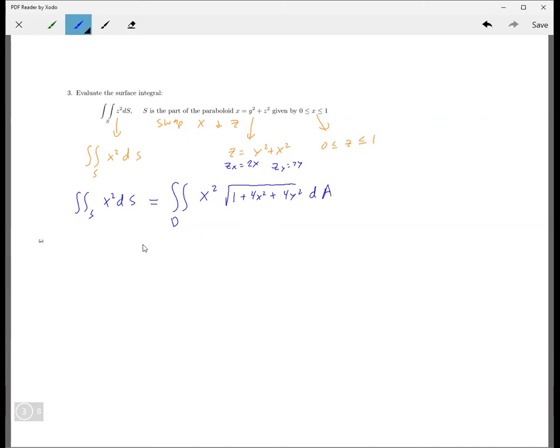Okay, now we have to figure out what region we are going to integrate this over. Now, if z is ranging between 0 and 1, and z is also equal to x squared plus y squared, then when you see x squared plus y squared, what do you have the urge to do?